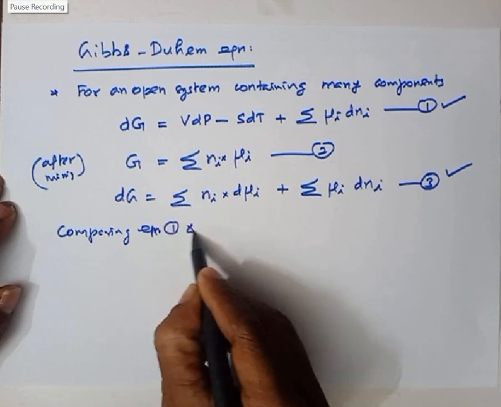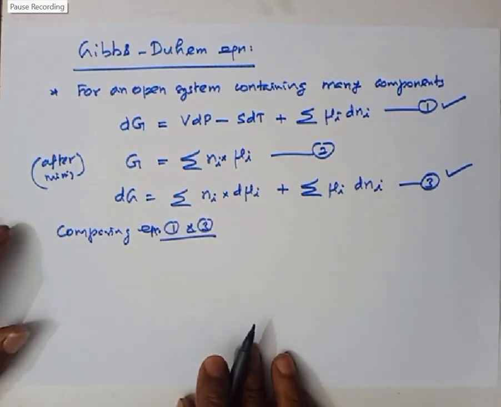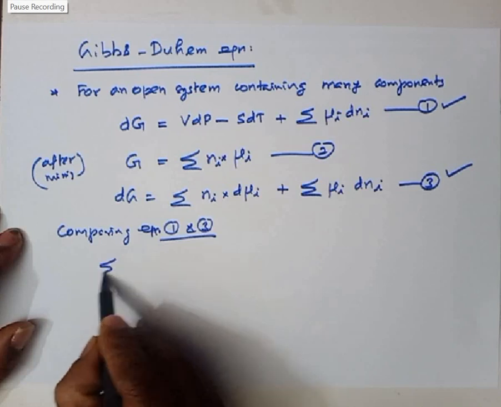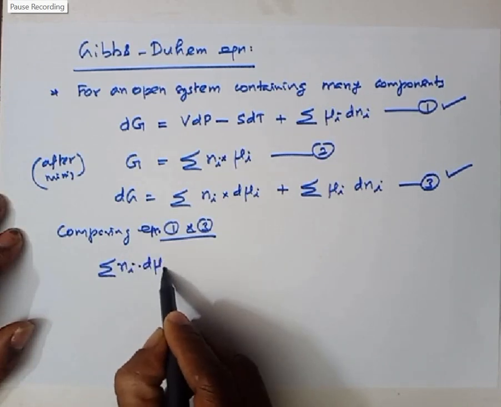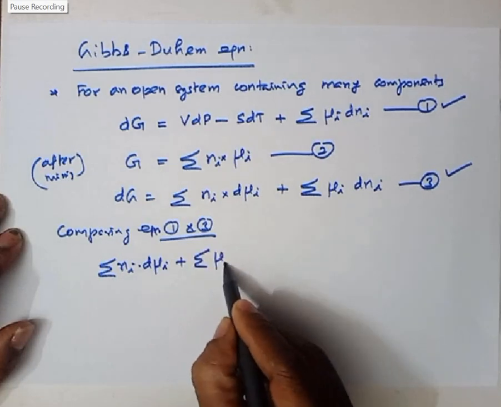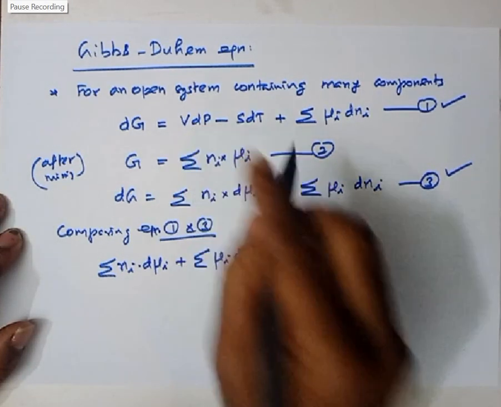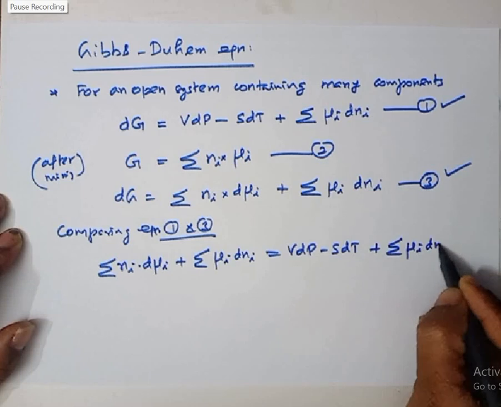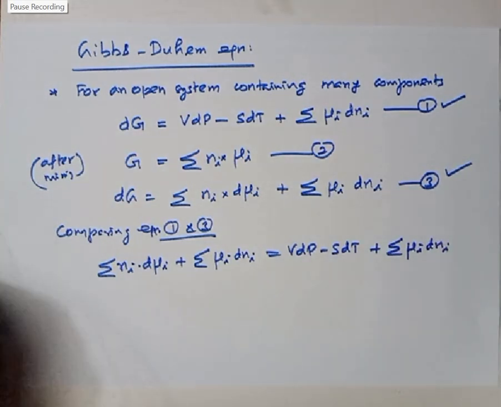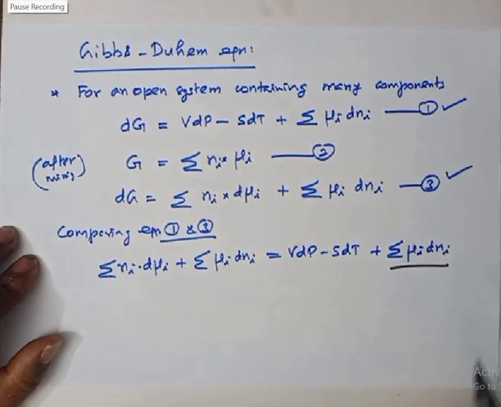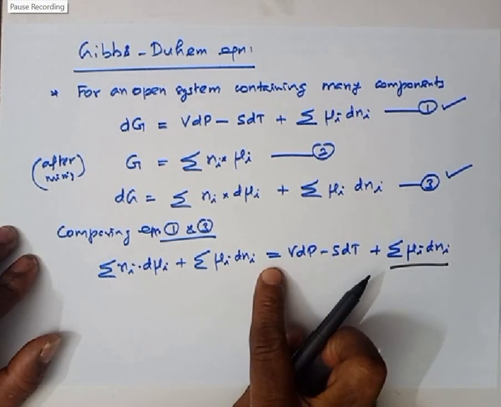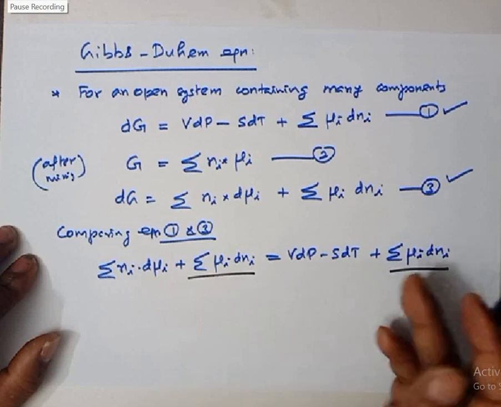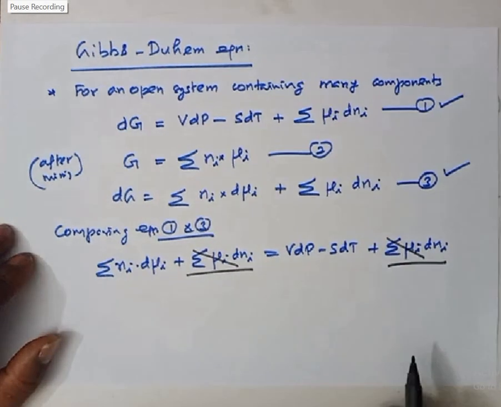In the place of dG, we get summation Ni d mu I plus summation mu I dNi equal to VdP minus SdT plus summation mu I dNi. Observe carefully: I have mu I into dNi on both the left hand side and the right hand side, with the same sign, so we can cancel these two.